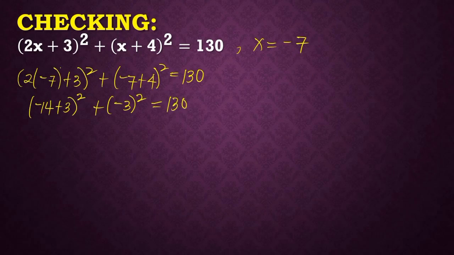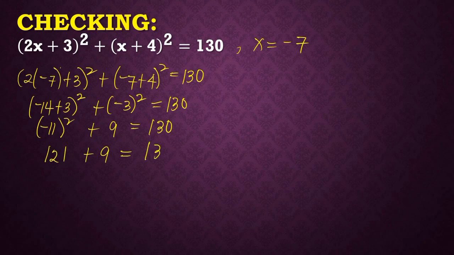So, if we add negative 14 and 3, that is negative 11 squared plus negative 3 squared, that is 9, equals 130. Negative 11 squared, that is 121, plus 9 is equal to 130. So, 121 plus 9, that is 130, equals 130.